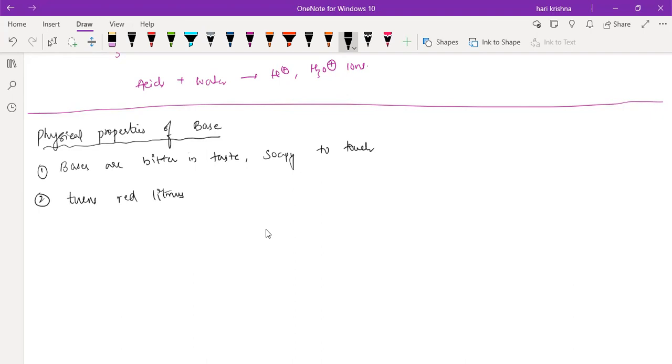They turn red litmus paper blue. Next, it conducts electricity in solutions.